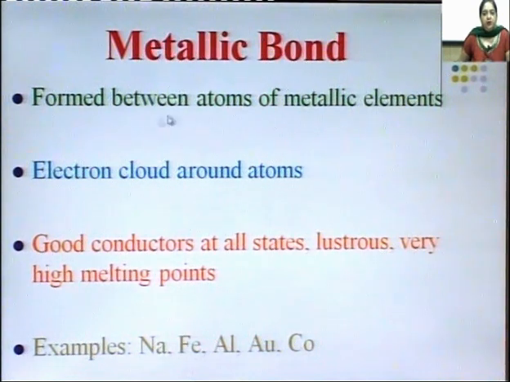Metallic bonds are formed between atoms of metallic elements. They are good conductors at all states, lustrous, with very high melting points. For example, sodium, iron, aluminium, cobalt.